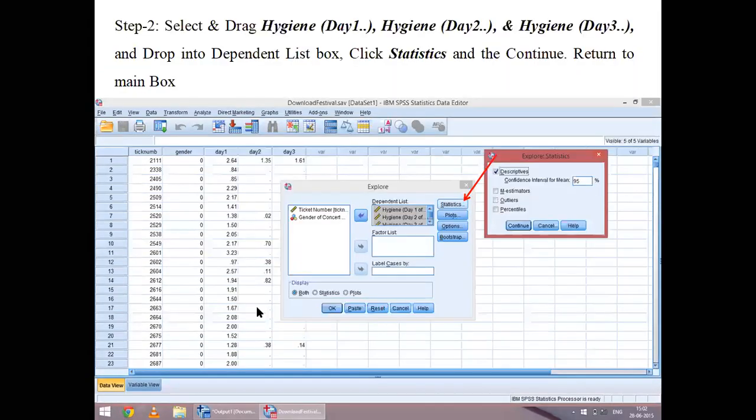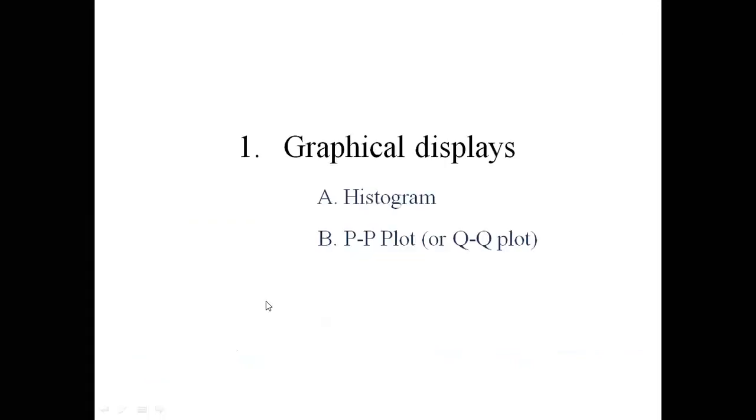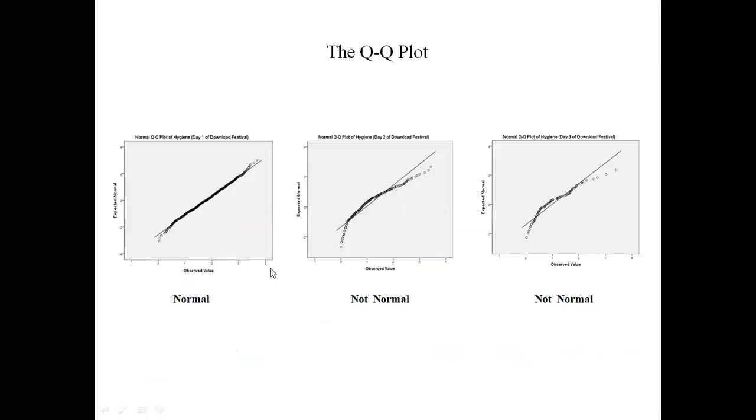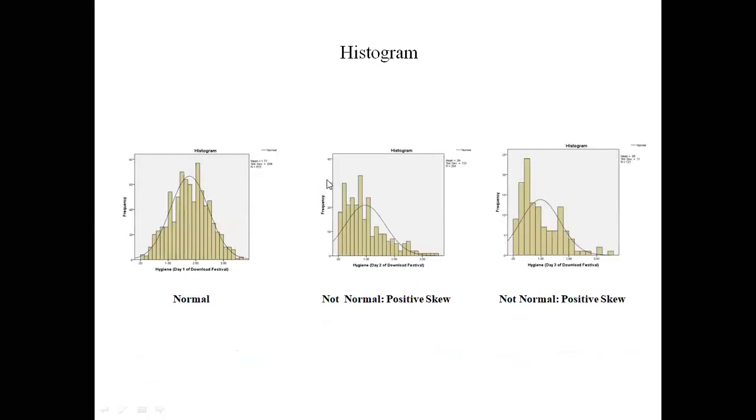Okay, so how to create this? There are three ways. I will check homogeneity and normality of the day 1 data, day 2 data, and day 3 data. Here we can see the day 1 data. This one is normally distributed because it is bell shaped.